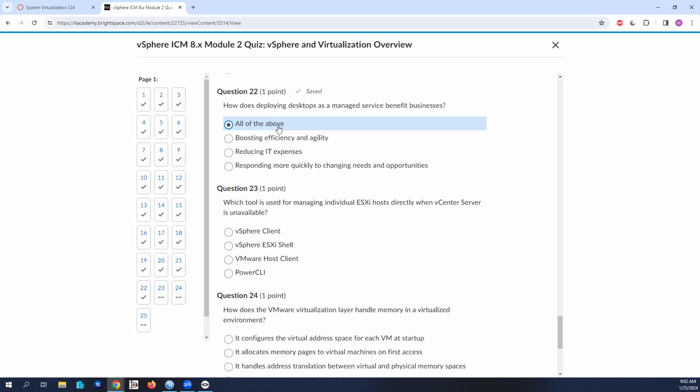What do you think? We're going to go with all of the above? Yep. Like you just went to the thesaurus and looked up some positive words and threw them in there. That's basically what they did.